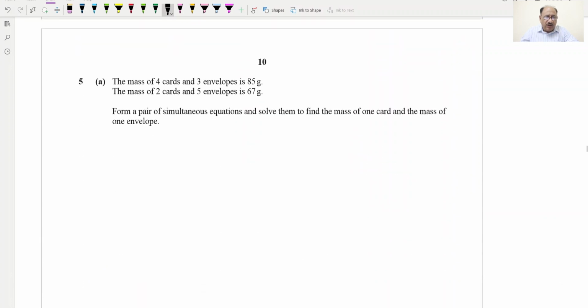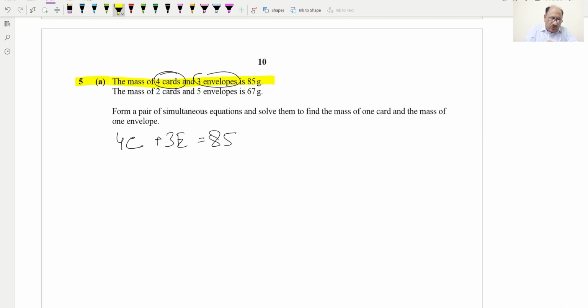Now question number 5. Question number 5, A part, says the mass of 4 cards and 3 envelopes is 85. So 4 cards, 3 envelopes. So we can write 4C, C for cards, and 3E for envelopes, is equal to 85.